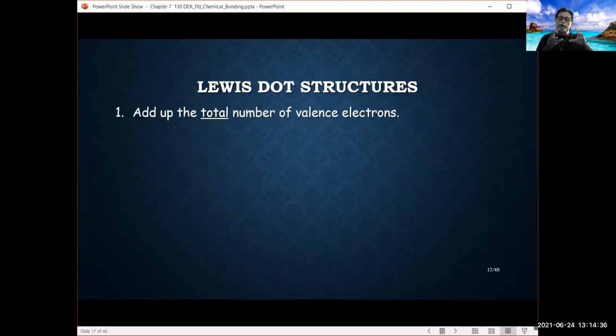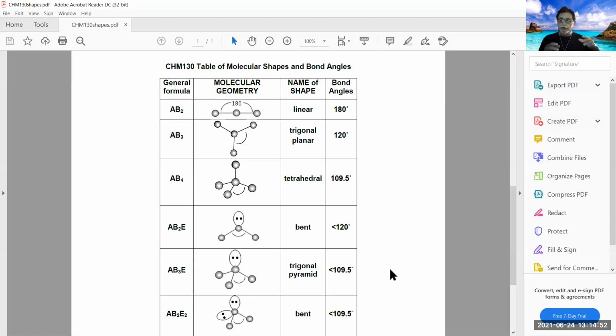Now, we're going to start working with actual structures. And so here, we need to make sure that you utilize the table, as I was stating. Let me pull it up. As I stated last time, if you've not printed this particular table, make sure you do print it, because we're going to utilize this table to determine the shape of the molecule or the compound that we are going to look at, okay?